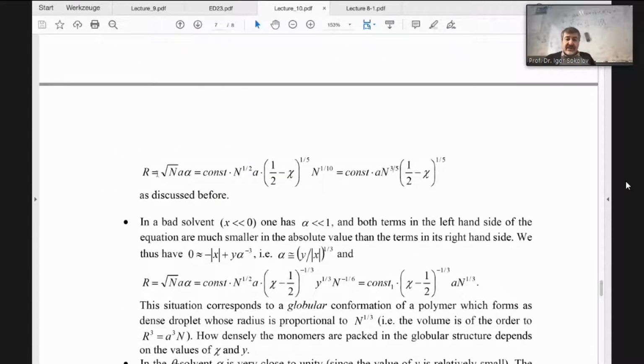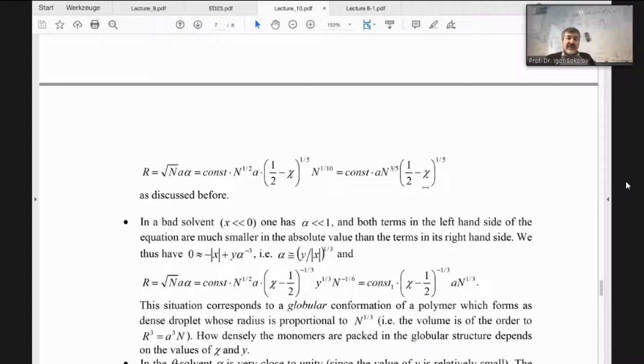And this means this guy here. So if I now express r via alpha, r is r0 times alpha, and then these powers 1/2 plus 1/10 give me exactly this 3/5.